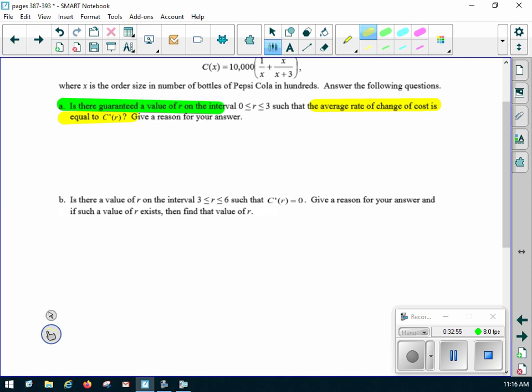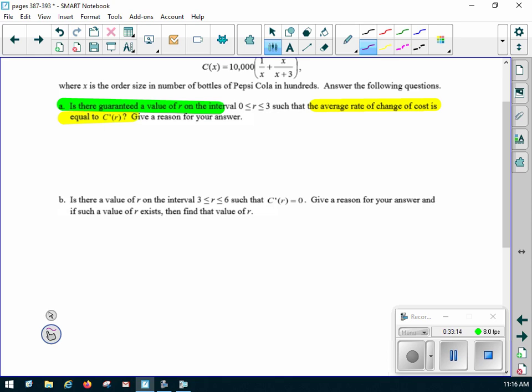Why mean value theorem? Yes, because it's where the average rate of change equals the instantaneous rate of change. So, mean value theorem. We have to decide, does mean value theorem apply?